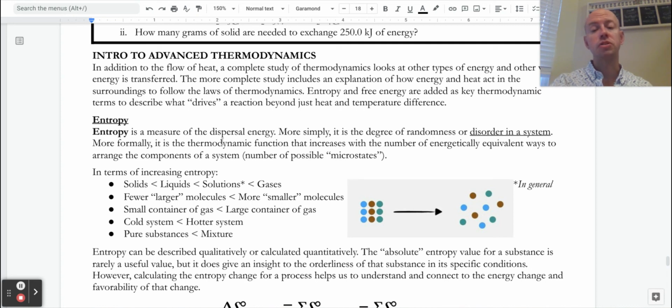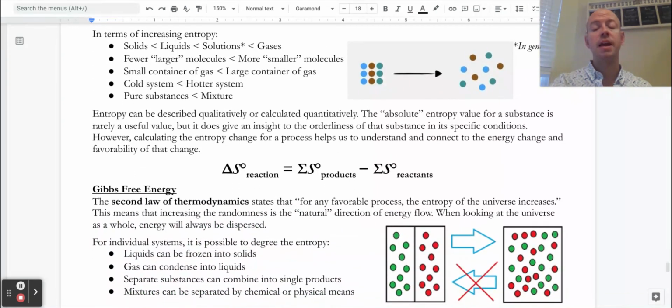But the dispersal of energy in the form of entropy and the combination of enthalpy and entropy together into Gibbs free energy is a key to understanding and applying why some reactions occur while others don't, while some reactions are very favorable and others only occur in special conditions, and why some things do not occur at all without being forced to occur or without the input of energy from an outside source.